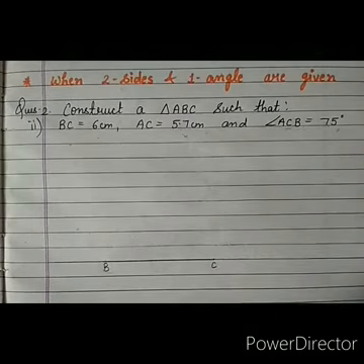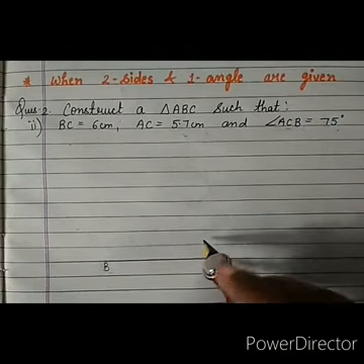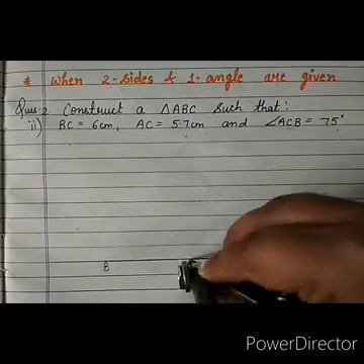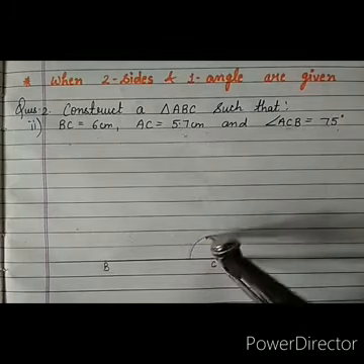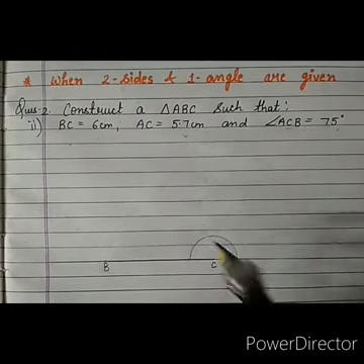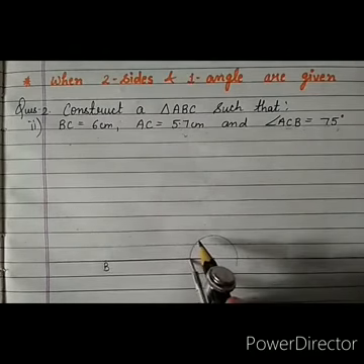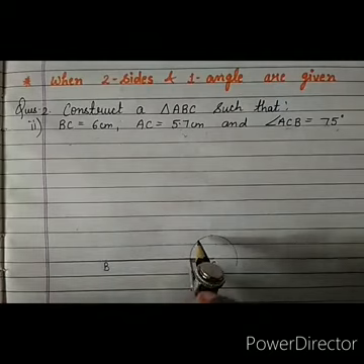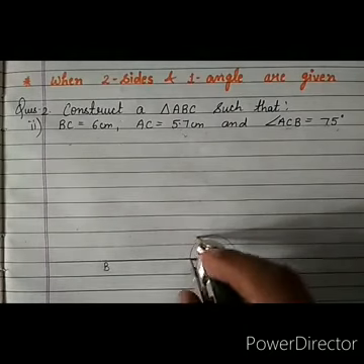So from point C we have to construct an angle of 75 degrees. In order to do that, first we have to make an angle of 90 degrees. So for that we have to draw an arc of any radius from point C in this way. Now from this point we have to make an arc which is of 60 degrees.